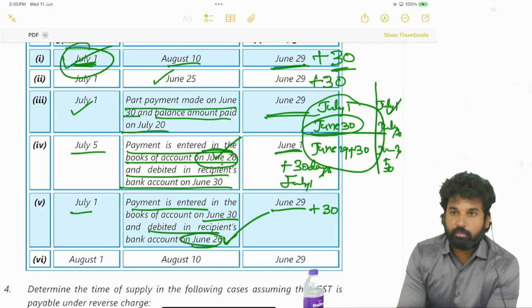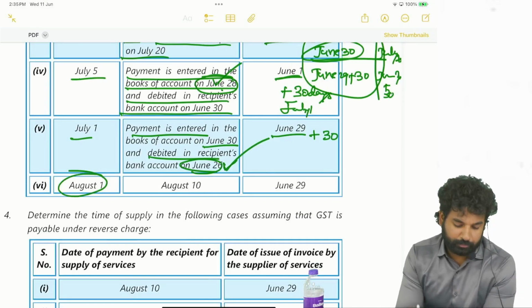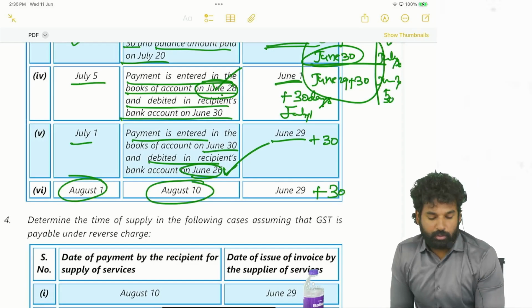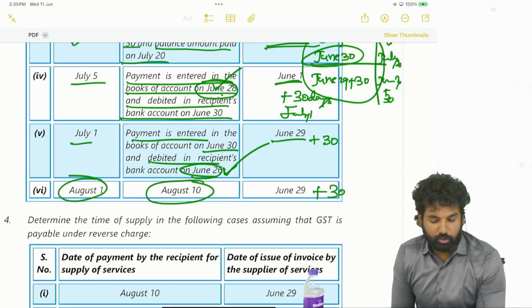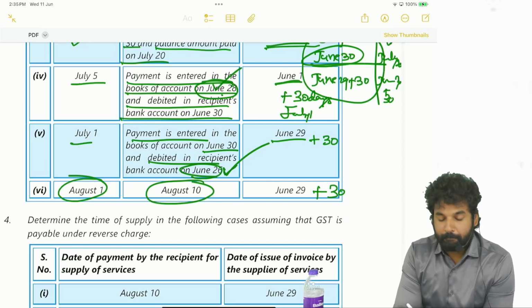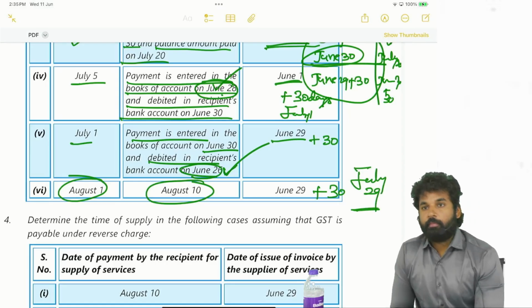June 26. Okay. Next, August 1st is receipt, August 10th payment. June 29 plus 30 days. Tell me. July 29. Okay.